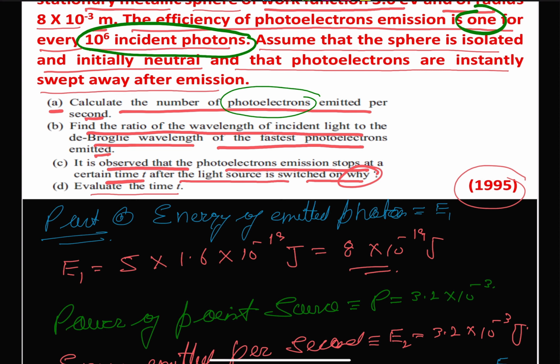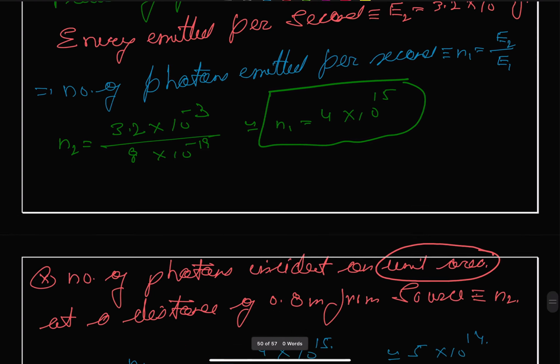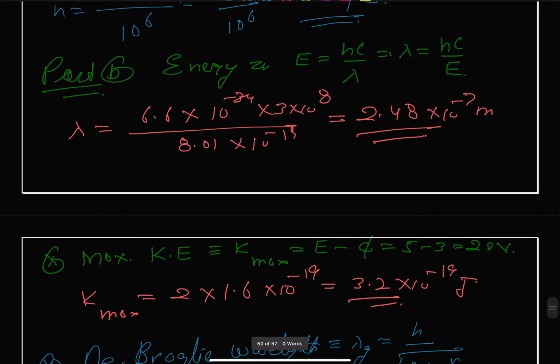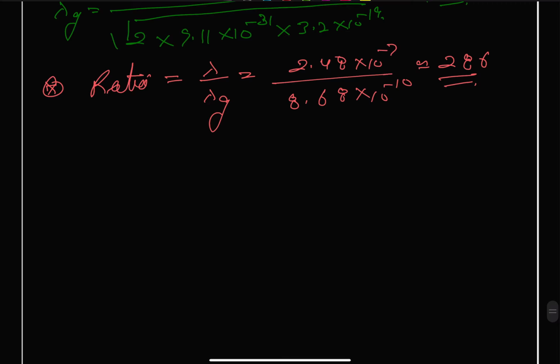Initially the metal sphere was neutral, but as it starts to lose electrons, the sphere is going to get a positive charge, or we can say slowly a positive potential will be built on the sphere, and eventually the positive potential on the sphere will be so high that the photoelectrons will not have enough kinetic energy to escape the sphere surface. So at that particular time, the photo emissions are going to stop.